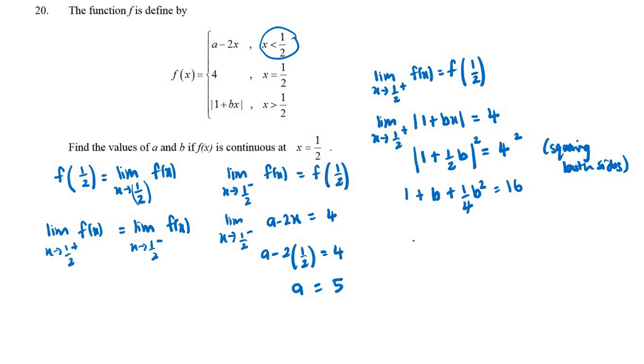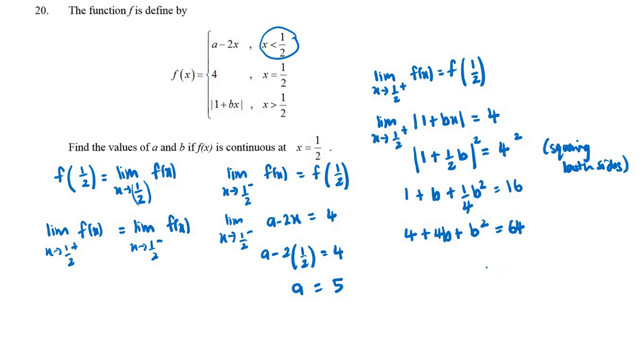If we multiply the whole equation by 4, we will have over here 4 plus 4b plus b squared, that is equal to 64.